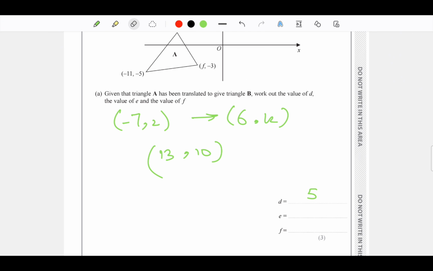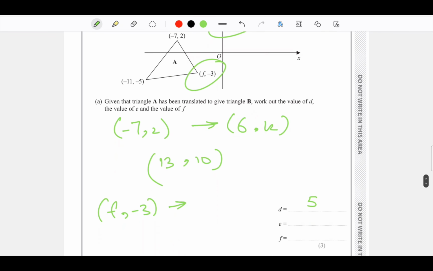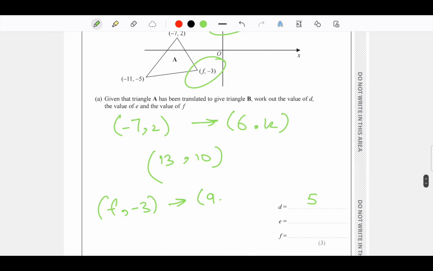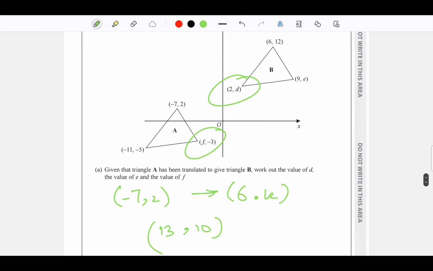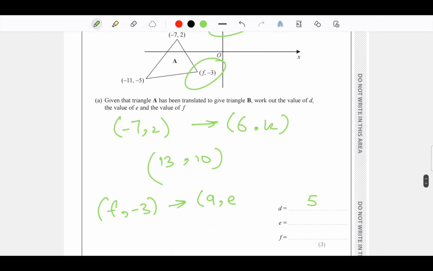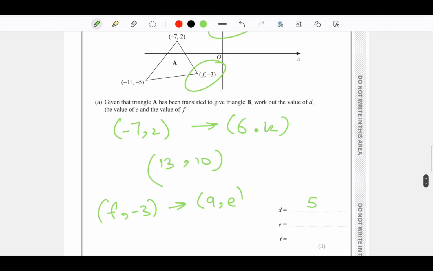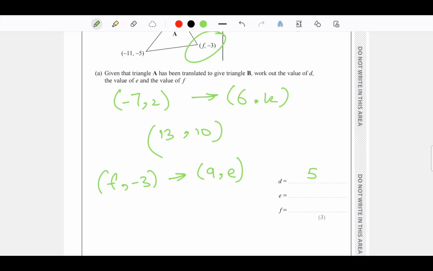Right, so same case for the rest of them. We're going to do this one next. So from F, -3 goes to 9, E, is it? Yeah, 9, E. Right, so we're going to go this way this time because our F is on the left.